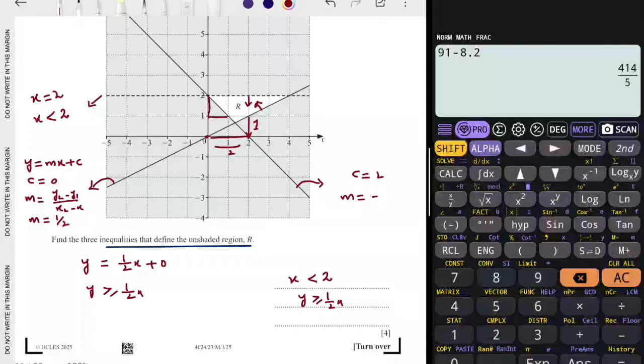So minus 1 by 1 would be minus 1. This would be the gradient. So the equation of the line would be y is equal to minus x plus 2. As the region is above the line, the inequality would be y is greater than or equal to minus x plus 2. This would be the answer.